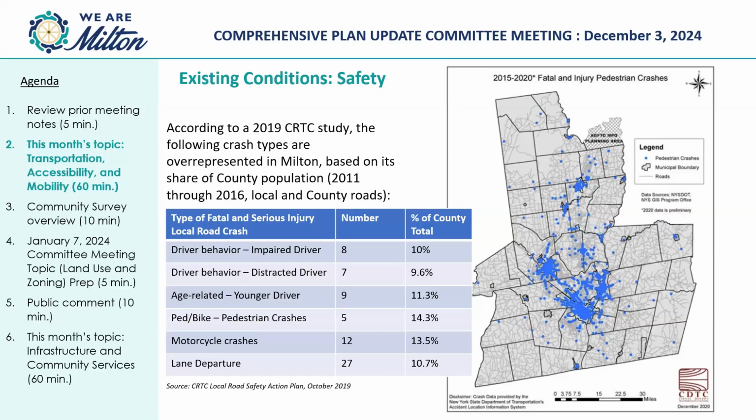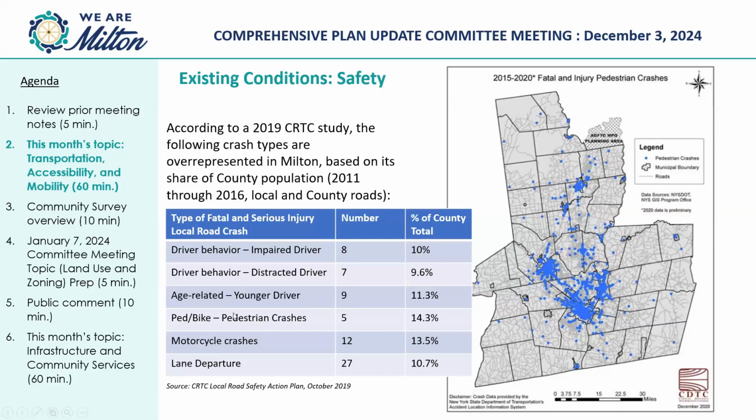Then the study identifies municipalities where those crash types are potentially overrepresented, based on the population versus the proportion of crashes that occur in the county in that municipality. And Milton showed up in these six areas. You could see that the data were from 2011 to 16.